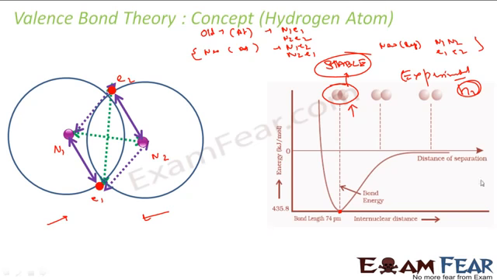Experimentally, they have found for the hydrogen atom that as the distance between the atoms decreases, the energy also decreases and it becomes more stable. If you decrease the distance further, the energy increases and the atoms become unstable.